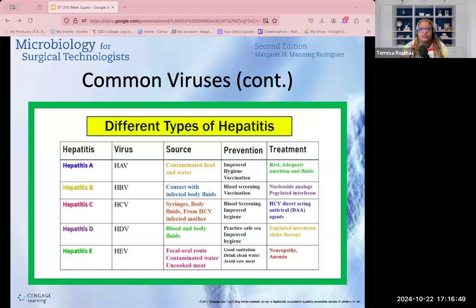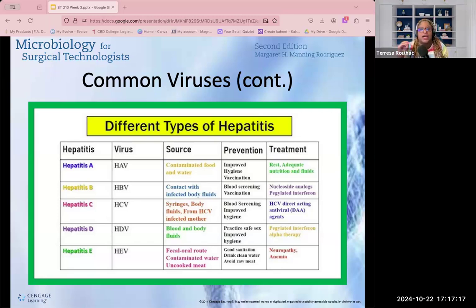Hep A, transmitted mainly through contaminated food and water. Okay, Hep A, food and water, causes acute liver disease, but does not lead to chronic infection. A vaccine is available for prevention. Hep B, HBV, spread through contact with infected bodily fluids like blood or sexual contact.